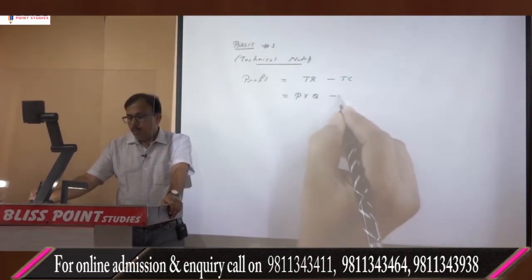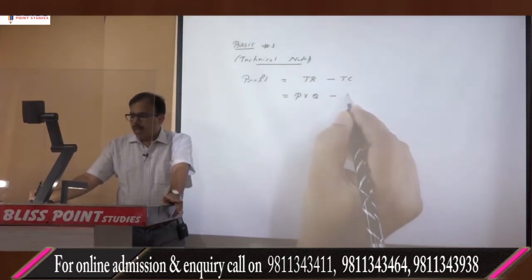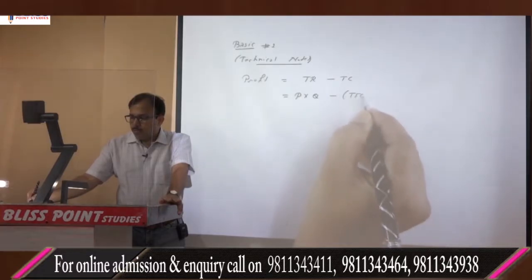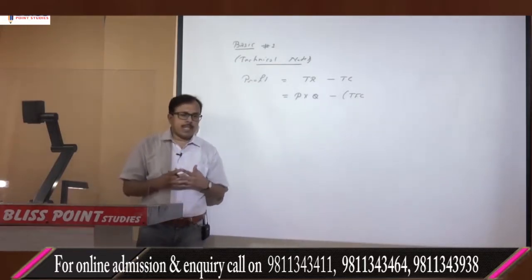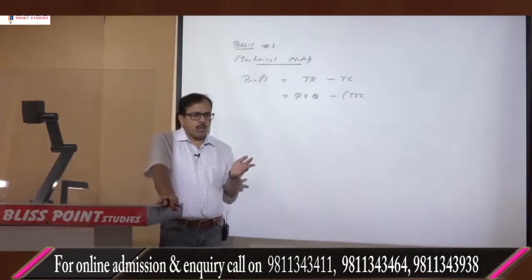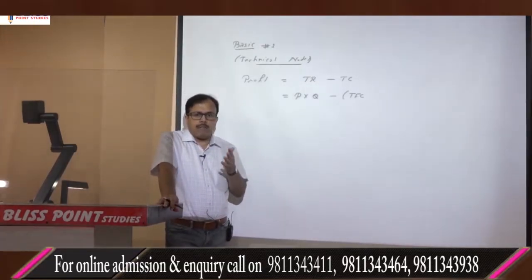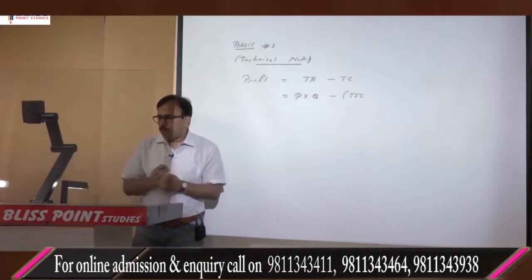From that total revenue you subtract total cost, and total cost has two parts mainly. One is fixed cost. And what is fixed cost? Fixed costs are those which do not depend upon quantity. That means even when quantity is zero, there will be some fixed cost. For example, during the lockdown there were no classes here, but we had to bear that fixed cost in the form of rent. So rent is an example of fixed cost.